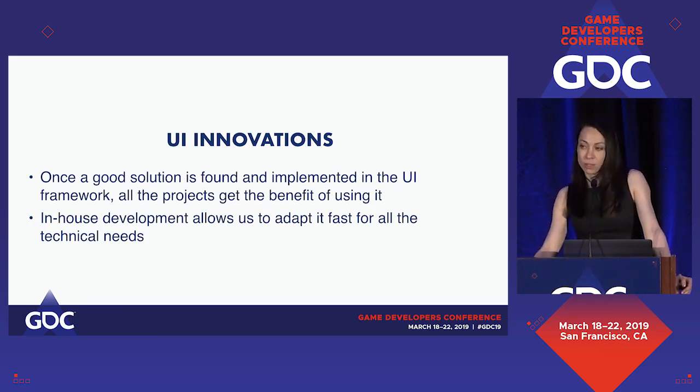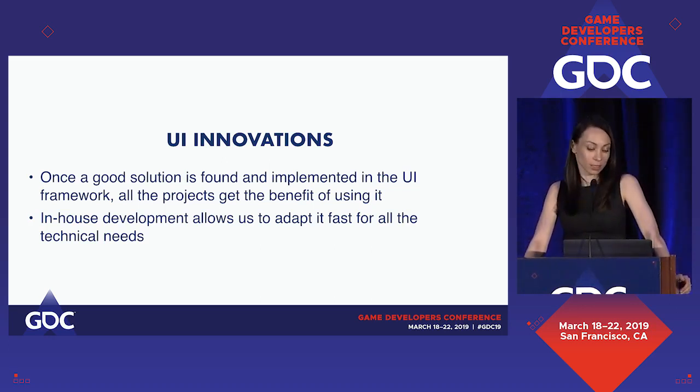It's also much easier to drive UI innovations. Once a good solution is found and implemented in the UI framework, all the projects get the benefits of using it. And of course, in-house development allows us to adapt it very fast to all technical needs and not wait. And yeah, it's really nice.